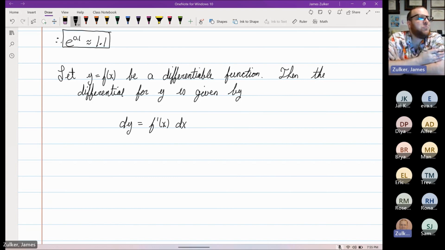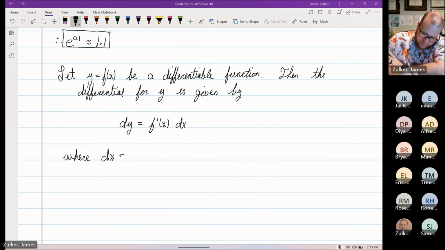So if you're given a function y equals f of x, the differential for y is dy equals f prime of x dx. We just say dx is the change in x.